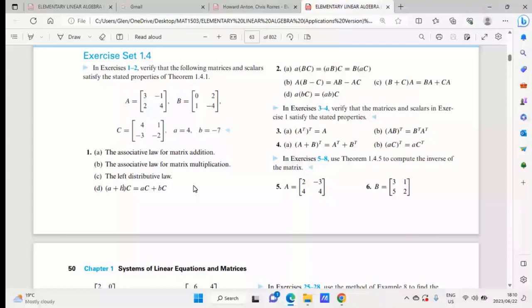From the book, Lerato. Okay, then I agree.